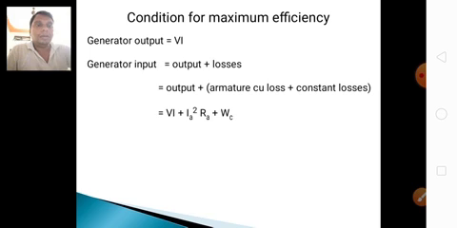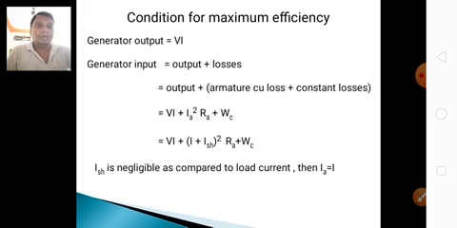The total output of the generator is V into I, the armature copper loss is IA square RA, and the constant loss is WC. For example, in a DC shunt generator, IA equals IL plus ISH.